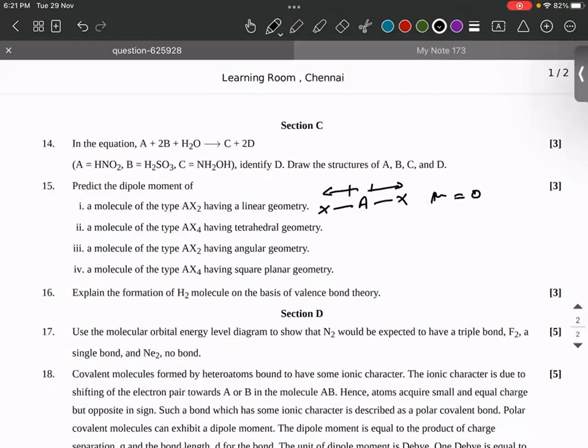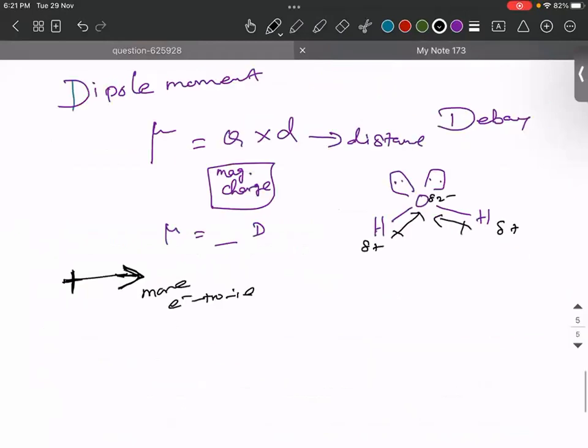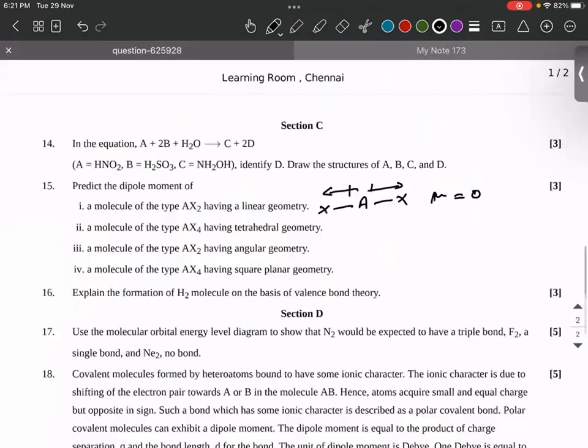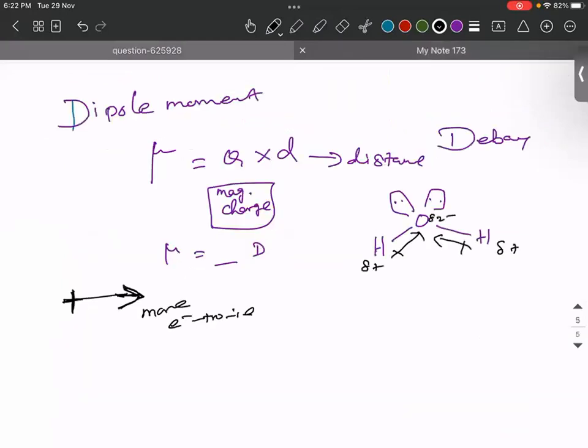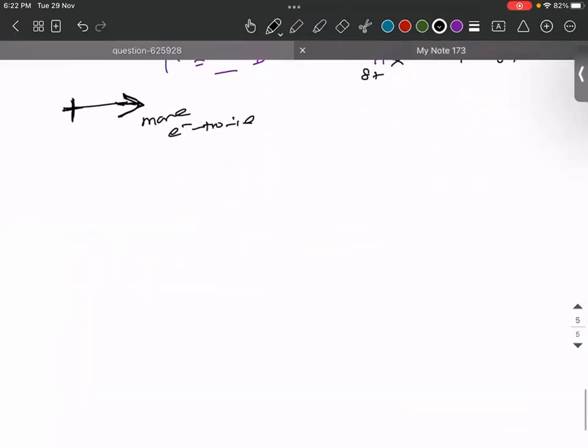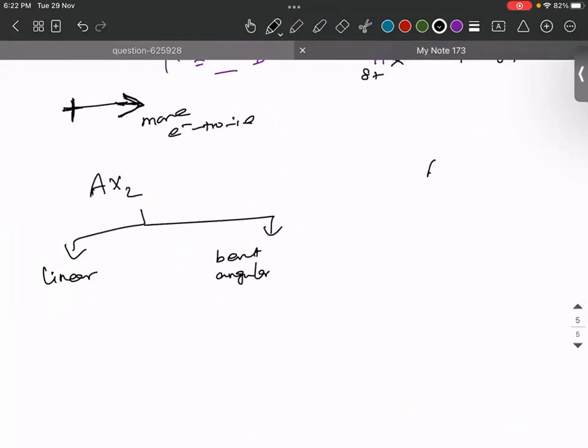You are having the tetrahedral geometry. So when you have the tetrahedral geometry, what are the questions asked? AX2 linear, AX4 tetrahedral, AX2 angular, AX4 square planar. So you take AX2, which becomes linear and bent or angular, and AX4 which has tetrahedral, another one is square planar.